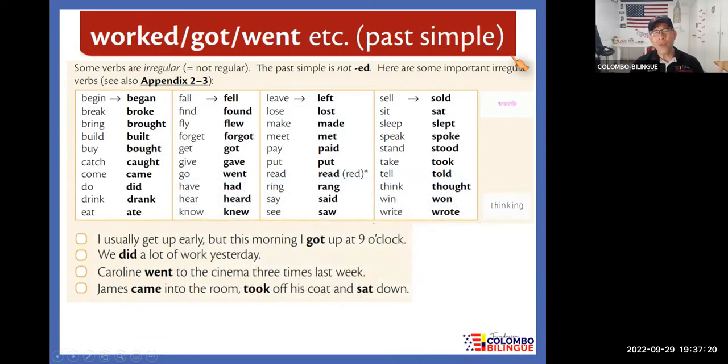Okay, so the next one is break. The past, sorry, of begin is began. Okay, so I began working yesterday very early in the morning. Really? Yes, 5 o'clock. 5 o'clock? Yeah. Another is break. The past is broke. Next one is bring.